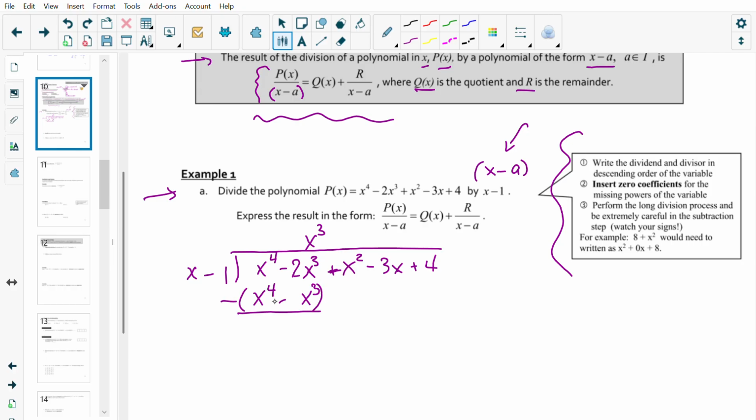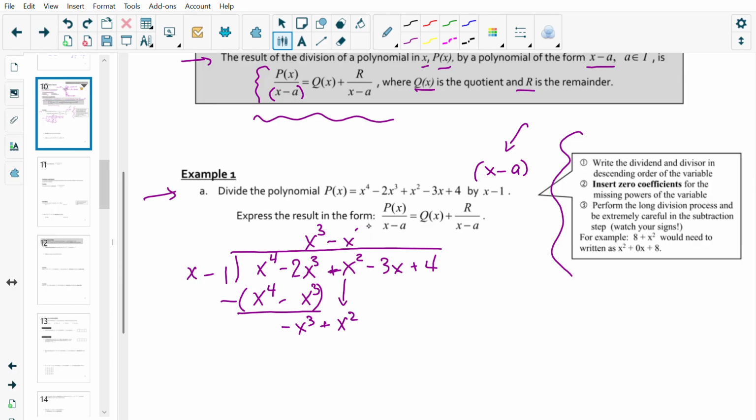Subtract. X to the fourth minus x to the fourth is 0. And negative 2x cubed minus negative x cubed, so that's negative 2x cubed plus x cubed. That's minus x cubed. Very important that we get this step correct. And then I'm going to bring this x squared down. Next part. X minus 1 goes into negative x cubed plus x squared how many times?